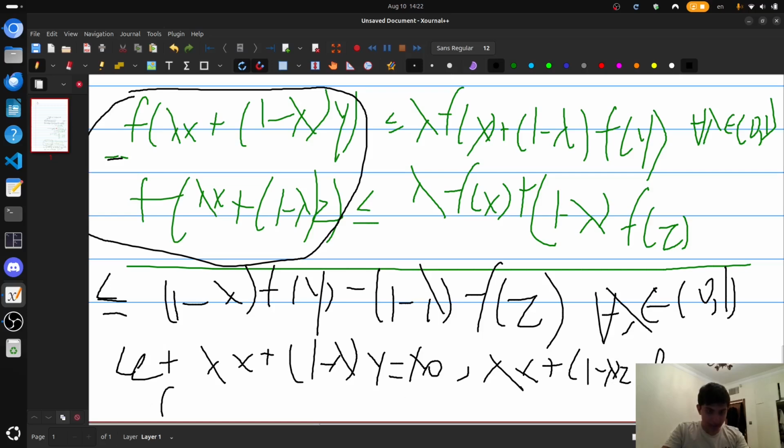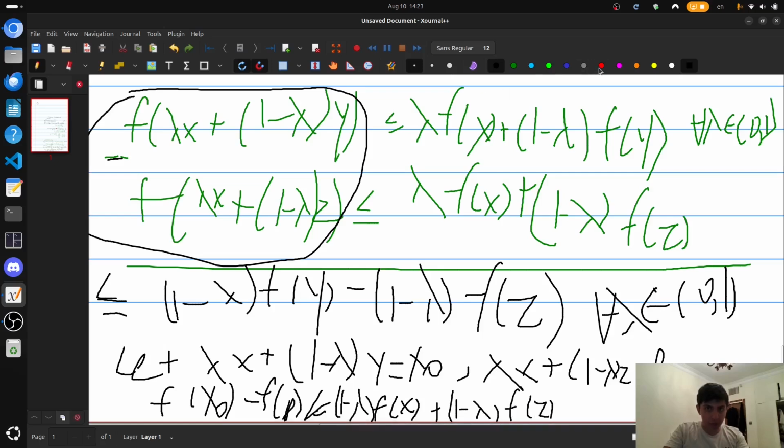So we're going to get that f of x naught minus f of p is less than or equal to lambda 1 minus lambda f of x plus 1 minus lambda f of z, and this thing over here goes to 0. It goes to 0, so that means it's less than epsilon, and that proves continuity.